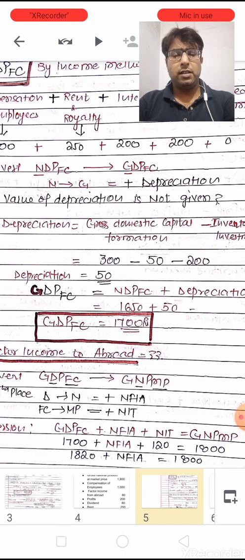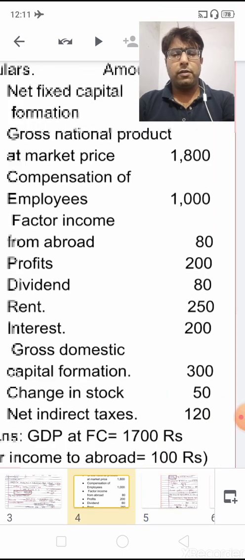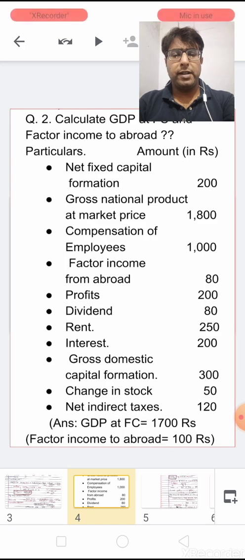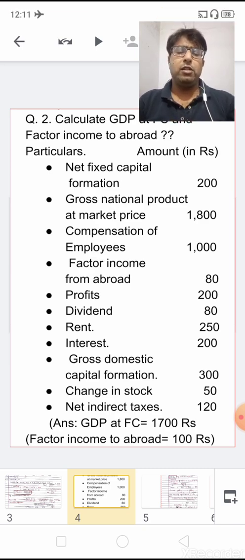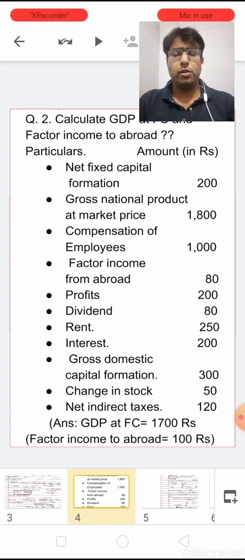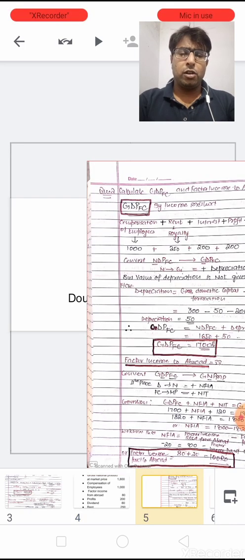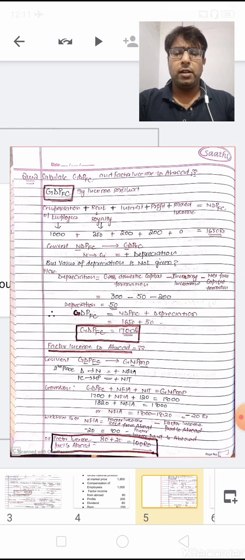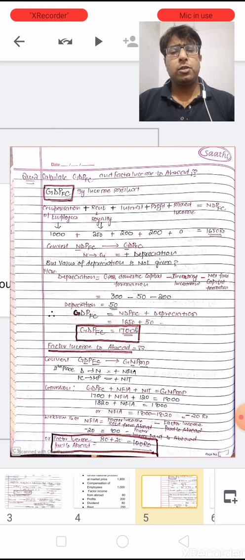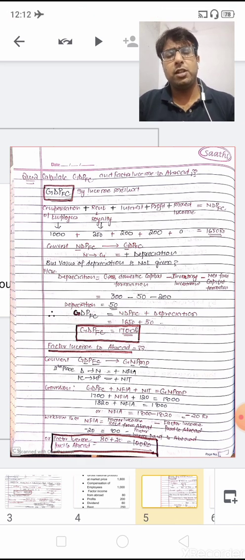You just see here in this question, children, the value of net fixed capital formation given to you is 200, whereas gross domestic capital formation given to you is 300. So children, with these two values we can find out the value of depreciation, as it is not given in this question. As we all know, gross domestic capital formation is the sum total of gross domestic fixed capital formation plus change in stock.